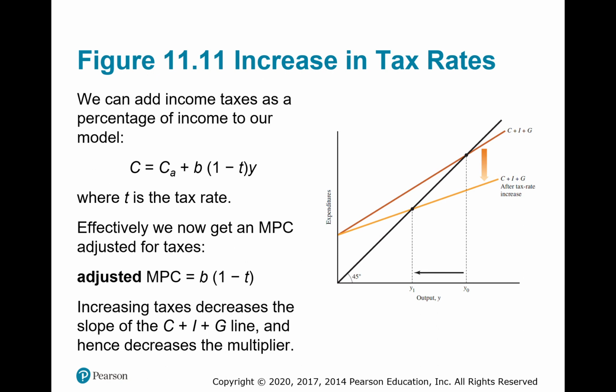So where is this T in the tax rate? It's very similar to what it was before. But instead of it being Y minus T, we take 1 minus T, multiply it by B and Y. So it ends up being consumption plus, and if you do all the multiplication, B minus TY.